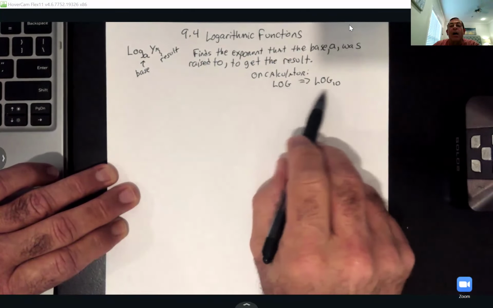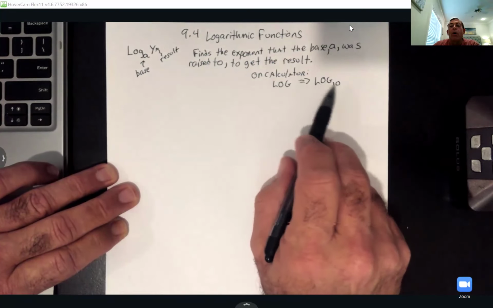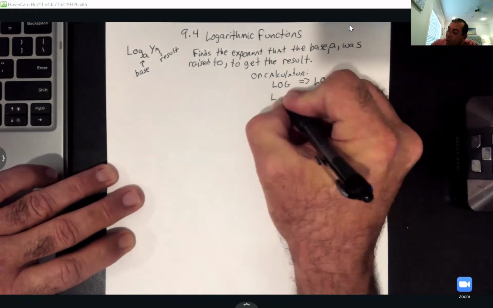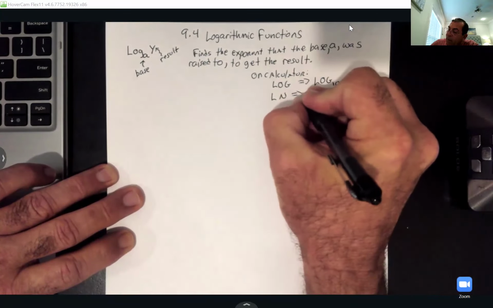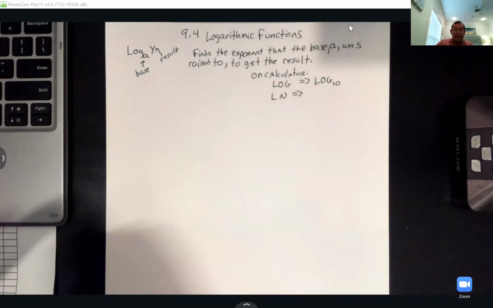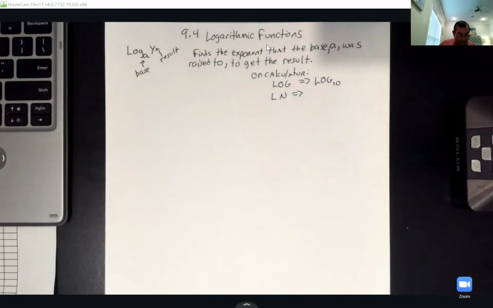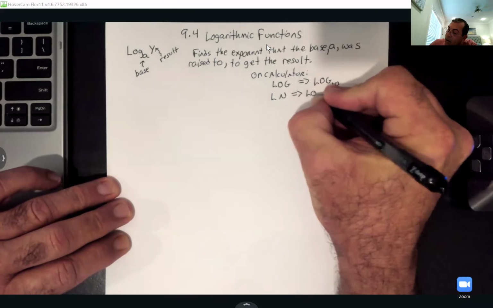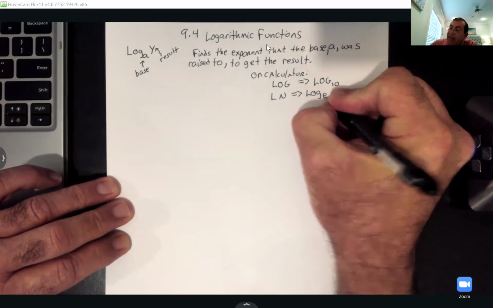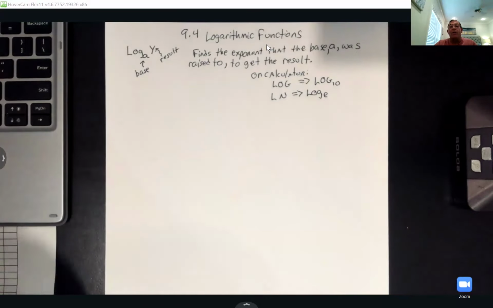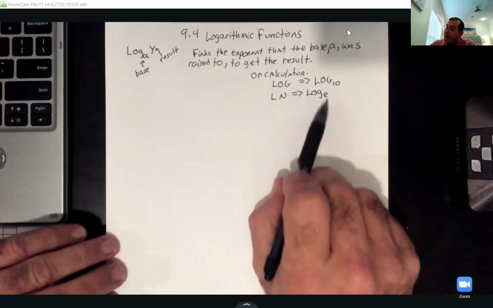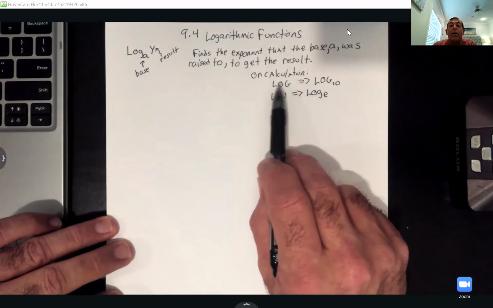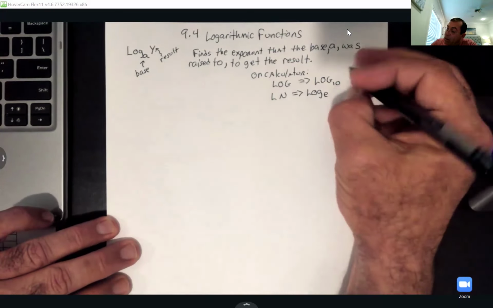We call this the common log when it's a log base 10, okay? There's another one next to the 4 on the calculator. It's a ln. ln is a log base e. So the e we learned about the other day, the Euler's number, it's the base for a ln. We call this the natural log, and we call this one the common log.